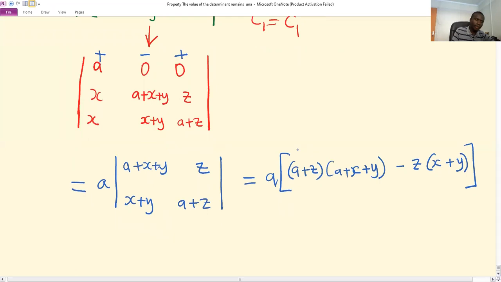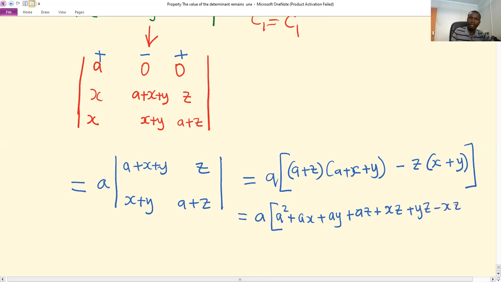So that's what we have. This will be the same as a into, now you see there's no common factor, so let's just open this. We have a squared plus ax plus ay plus az plus xz plus yz minus xz minus yz.